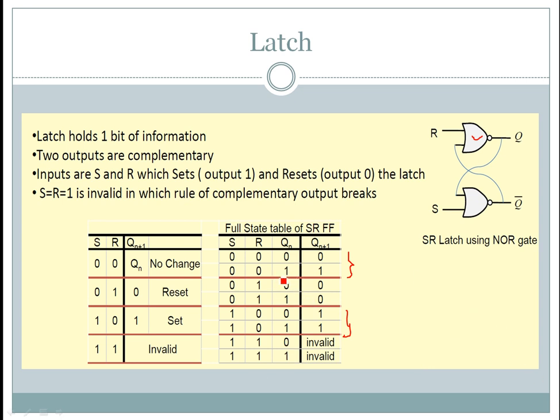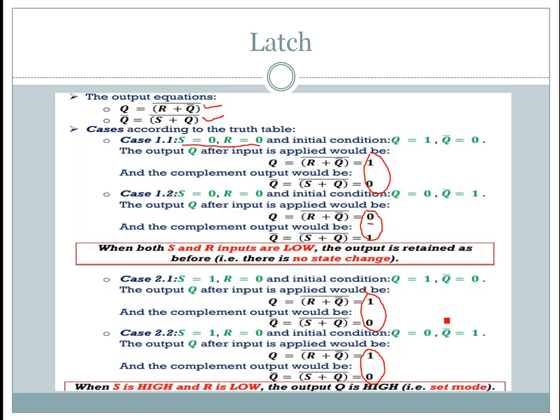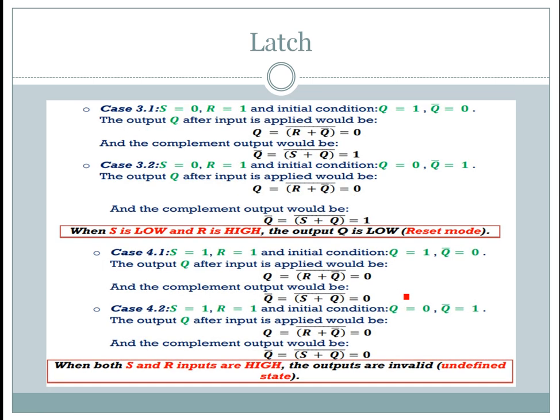Actually, this is the full version of the table, and this is the short version of this truth table, for the second inputs. And we'll consider the third case.